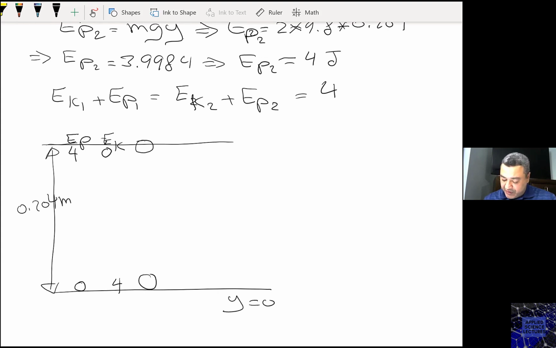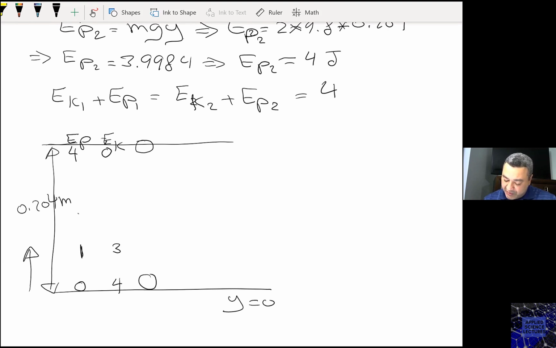Now, if I am to look, for example, let's assume in between. So if I am to move in this direction, then the potential energy will start to increase. Let's assume that it became 1. Then definitely the kinetic energy will decrease to 3.